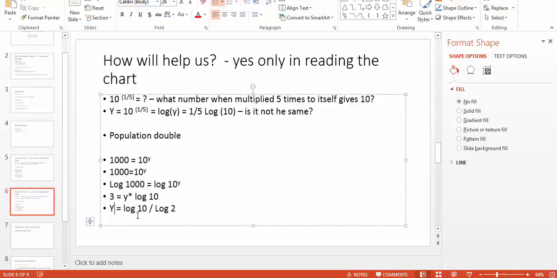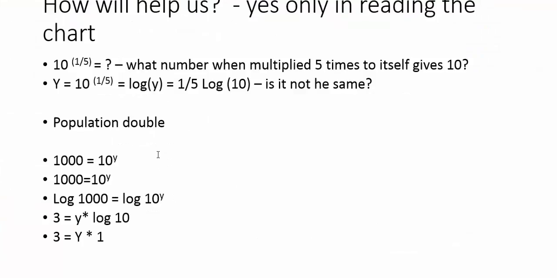So this would become 3 equal to y into 1, which is 3. So 3 years. So we have solved the same very simple equation which we could observe by our eyes, that 10 to the power what is 1000, 10 to the power 3 is 1000. So we have solved the same equation using the log, by taking log on both sides.